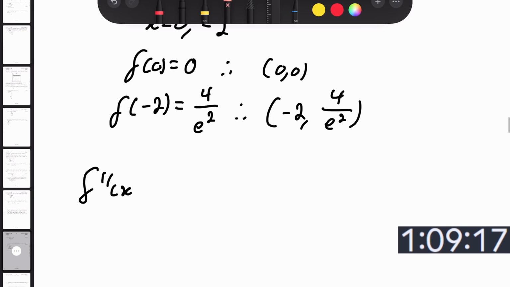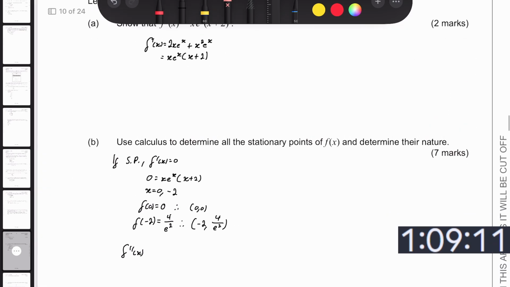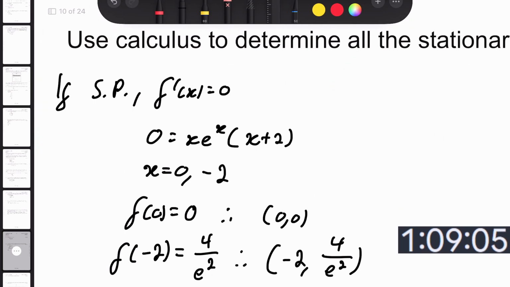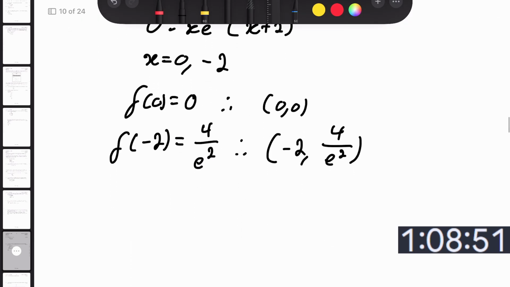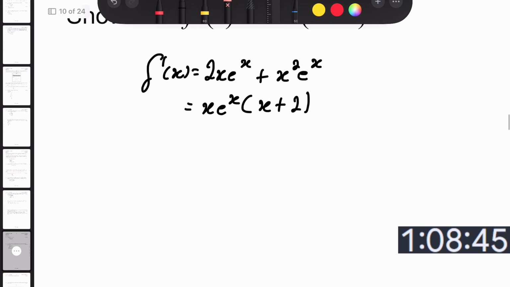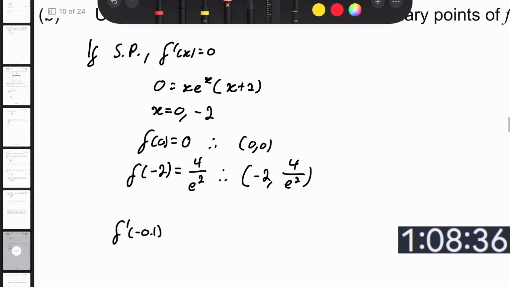And then let's find the second derivative. Oh, this is going ugly. Do I find a second derivative, or do I use a sign test? I think it might be easier to do the sign test, because I'm going to get a lot of terms here. So let's do f dash of negative 0.1.